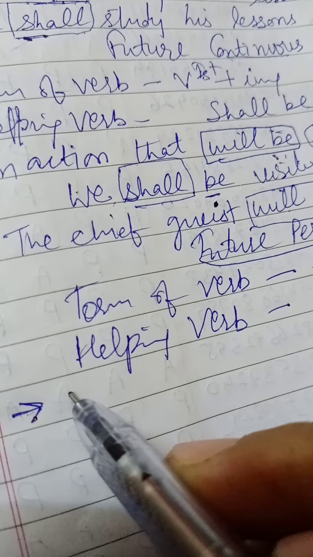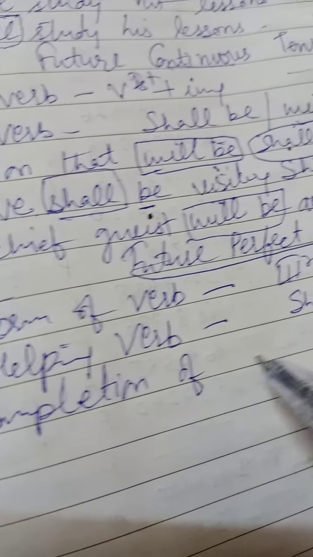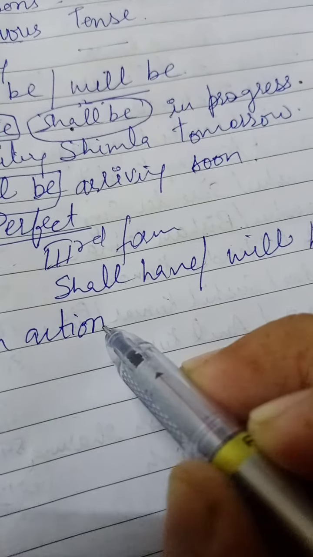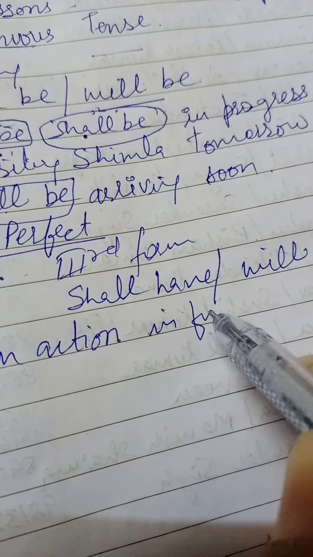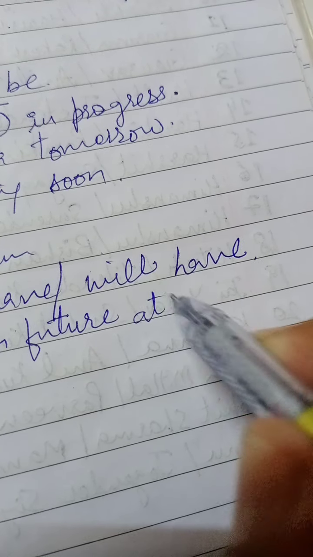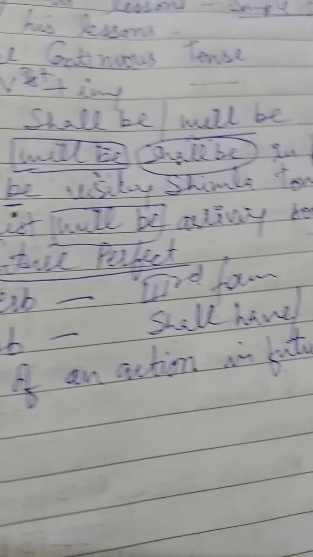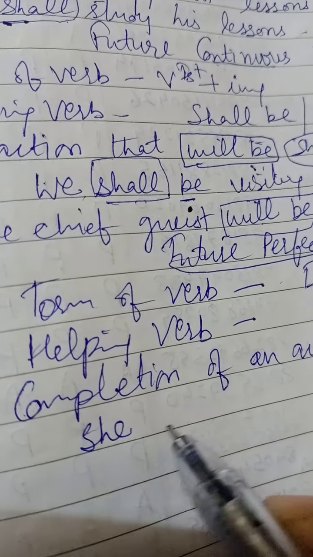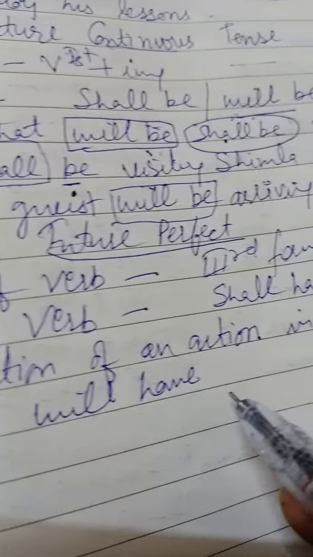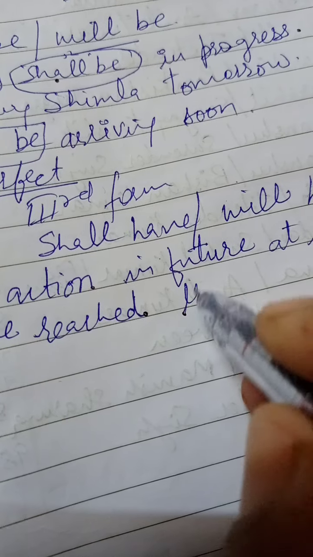Okay, like completion of an action, okay, in future, obviously future, okay, at some point of time, like, for example, she will have reached there by evening.